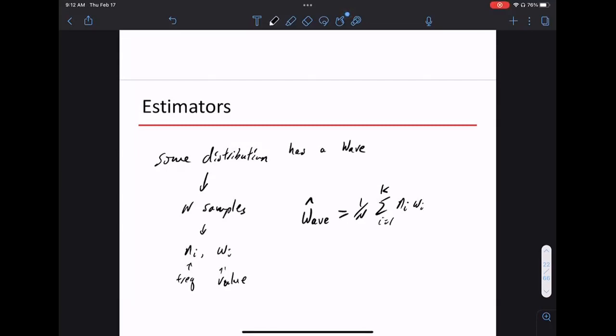So the question is, there is a distribution. This distribution has an average. There is a true average. We don't know this. What I can do is sample this n times and compute this number, right? So I can compute this average. How are they related?